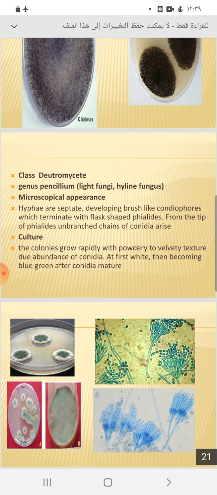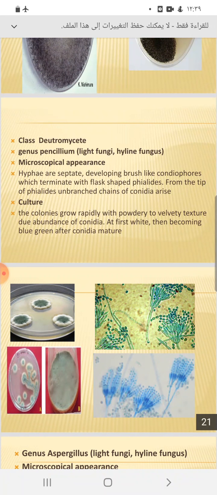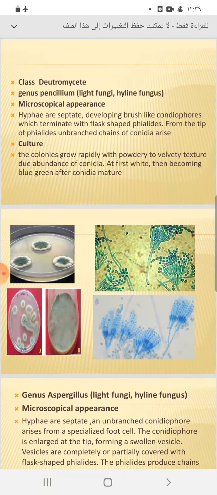Microscopical appearance: the hyphae are septated, developing brush-like conidiophores which terminate with flask-shaped phialides. From the tip of the phialides, unbranched chains of conidia arise. Genus Penicillium appears just like a brush under the microscope.